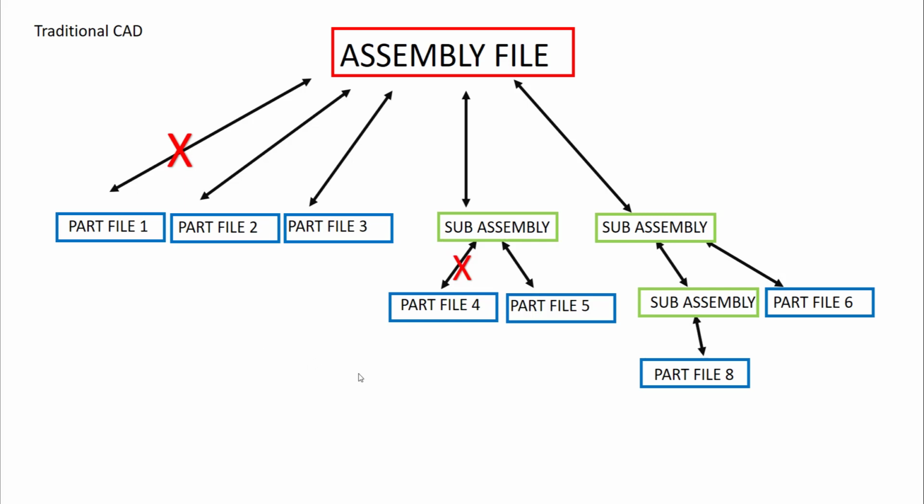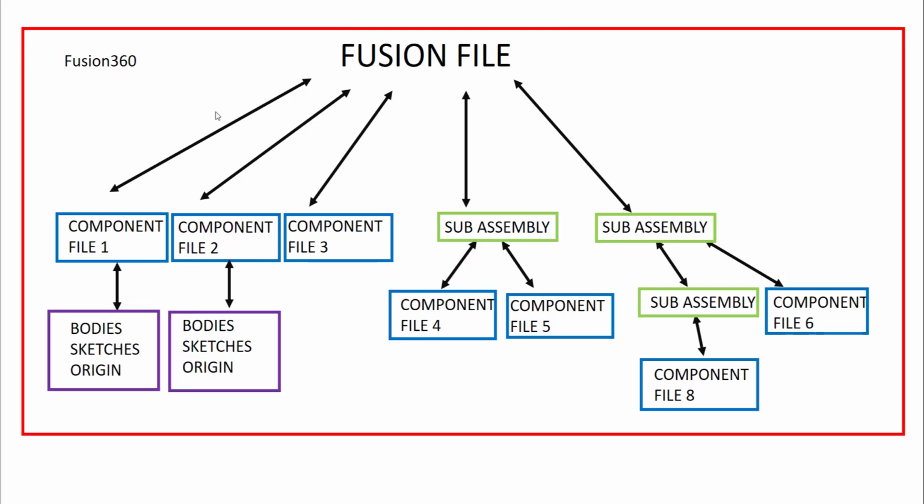So Fusion's got round this by having this idea that we've just discussed about this root node file that's at the very top level, and it's the parent to everything inside, and this encompasses your whole design.